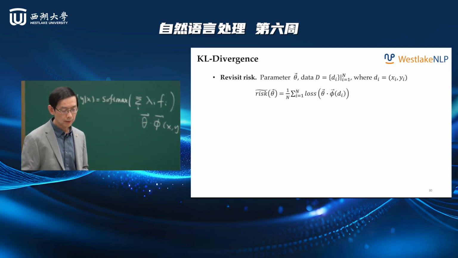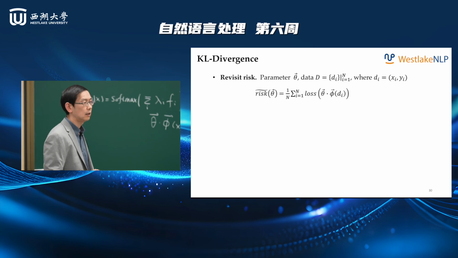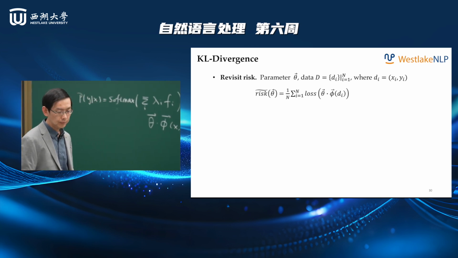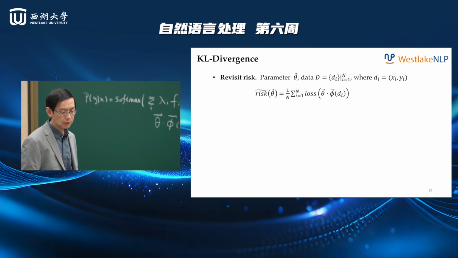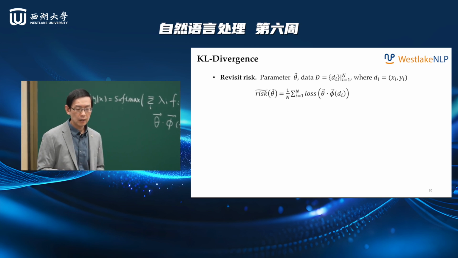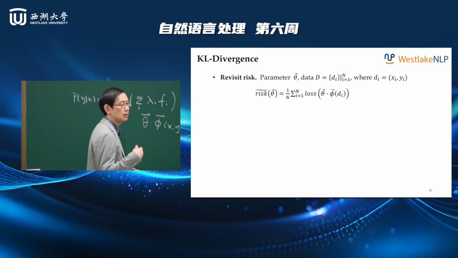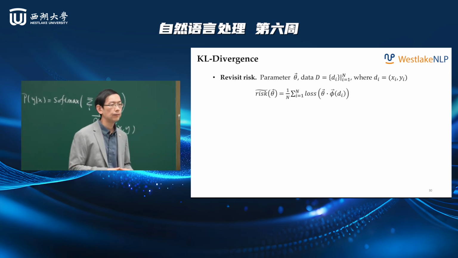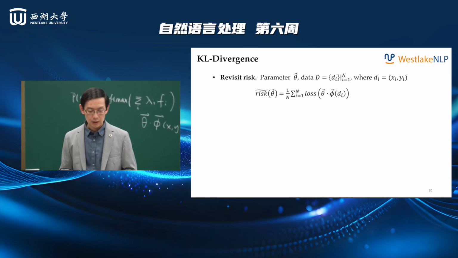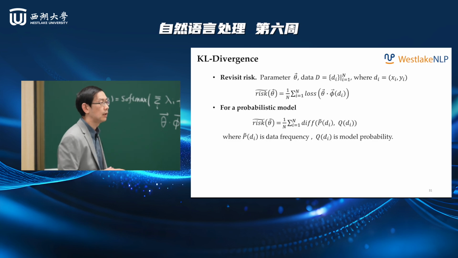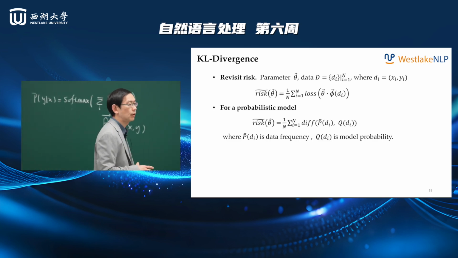So we could write a general equation like it's equal to 1 over n, the sum of the loss of theta dot phi d_i. So if we assume that the data set contains d1, d2, d3 until dn, okay?